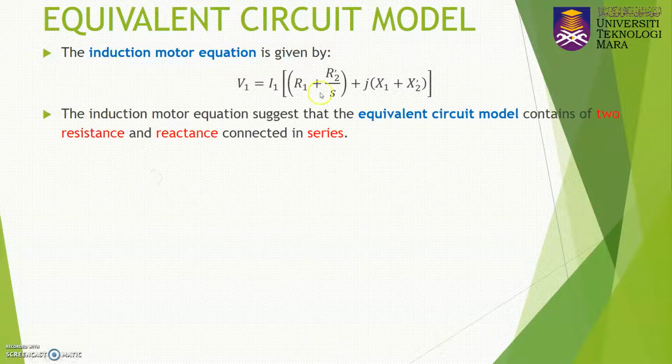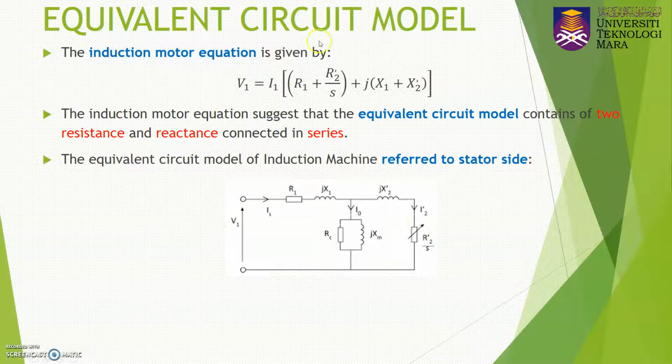Based on the equation, we notice that the equivalent circuit model contains two resistances and two reactances connected in series. So you can draw the equivalent circuit model with the voltage drop across R1 plus R2 prime divided by S, and the voltage drop across JX1 plus JX2 prime.